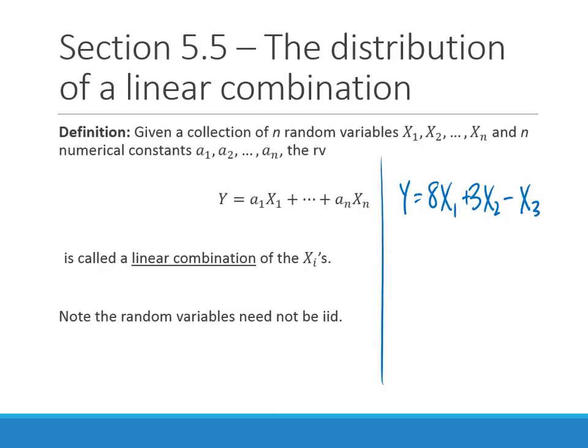Because I have x1, x2, x3. a1 here is 8, a2 here is 3, and a3 is -1. That's a simple example. We're just multiplying each of our random variables by different numbers and then adding them all up.